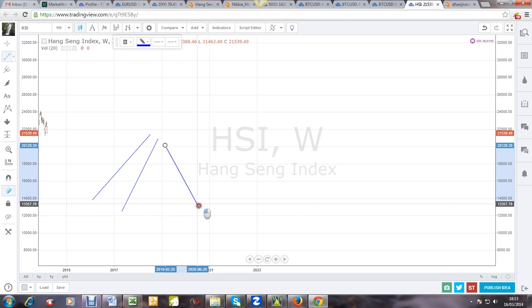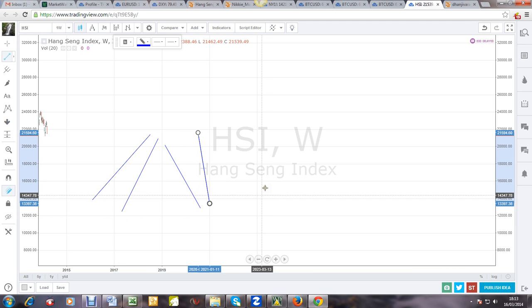Then you'll see one like that. Both of these are called a wedge. This one of course a rising wedge, and this one a falling wedge. So that's one type of triangle. This is slanting up, and this one is slanting to the downside.